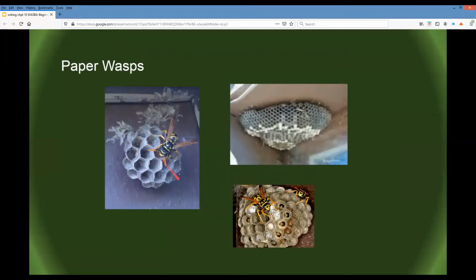So, paper wasps, which I think most of us around here see a lot of these kinds of nests. They build their nest out of wood fiber. There's a lot of different kinds of them. They don't share the same aggressiveness as yellow jackets, but I've still had them sting me.